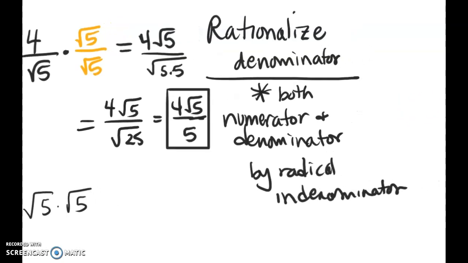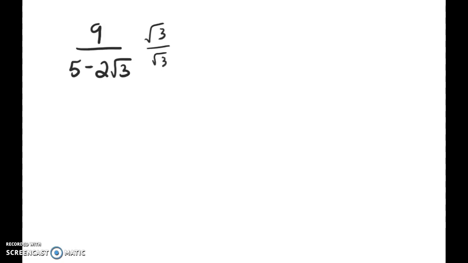If it looks something like this, let's say it's 9 over 5 minus 2 square root 3. This one has a minus sign in the denominator. So if you have a plus sign or a minus sign, you can't just multiply this by the square root of 3 over square root of 3.